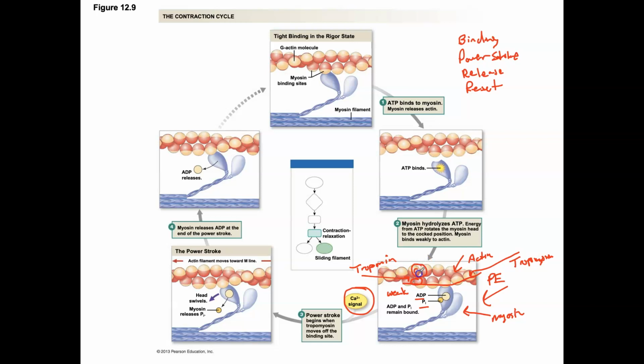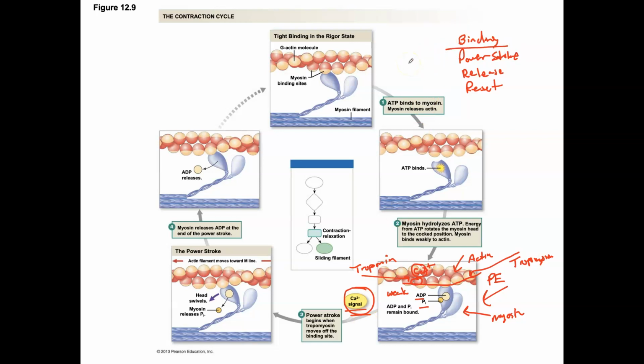So if a calcium ion binds to troponin, you can move tropomyosin out of the way. And if tropomyosin moves out of the way, then you can have high force bonding between the myosin heads and the actin. So calcium is important to allow for the high force binding to take place between myosin and actin. That's the first part, the binding part.